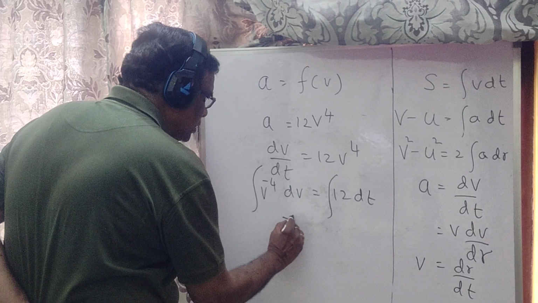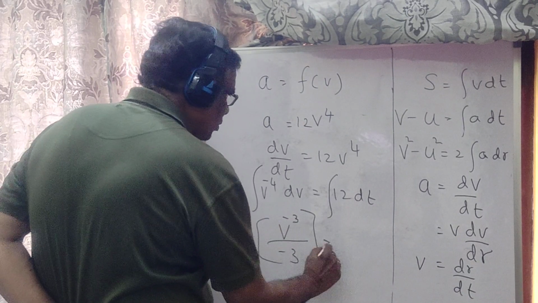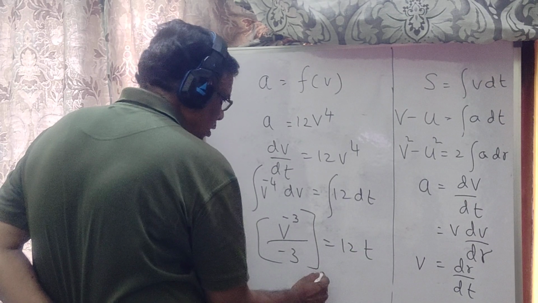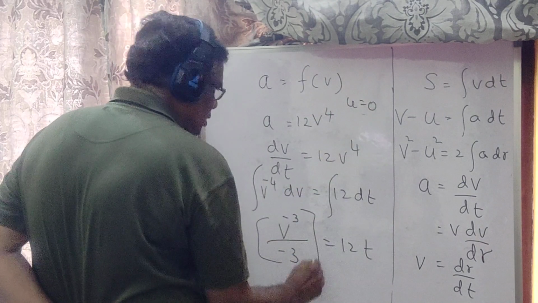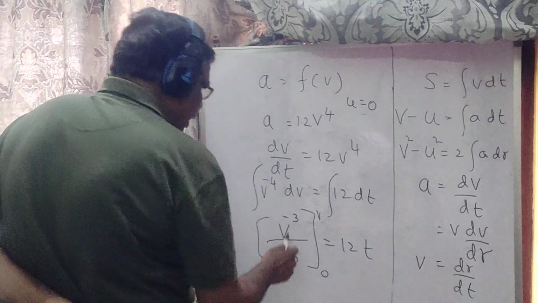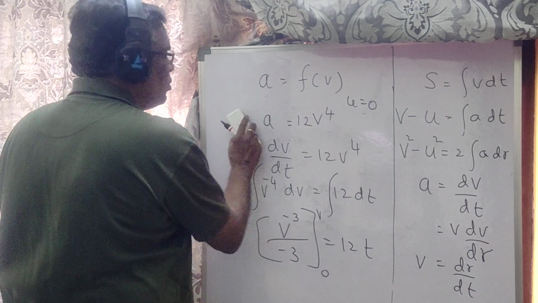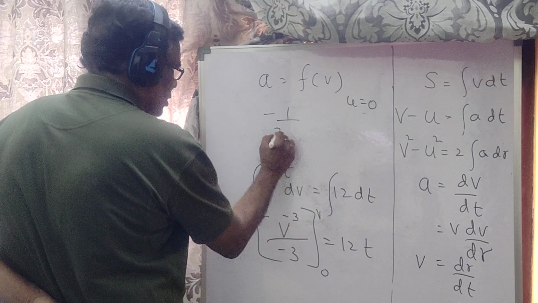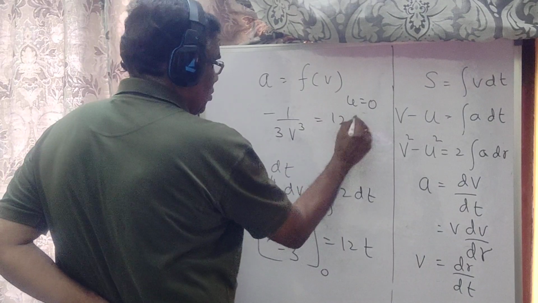Minus 4 plus 1, minus 3, v raised to minus 3 is equal to 12t. Now, generally, they may give some value. Supposing he says initial velocity 0. So I'll put 0 to v, likewise 0 to t. And then what do I write? Here, if I want to work it out and simplify, I can write it as minus 1 by 3v cube is equal to 12t.